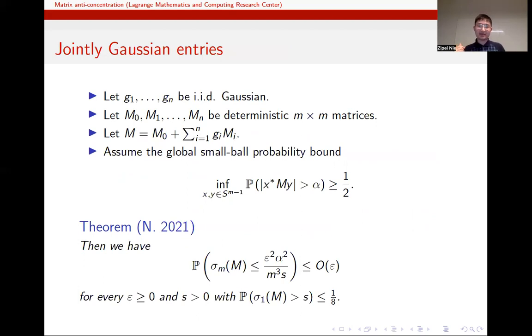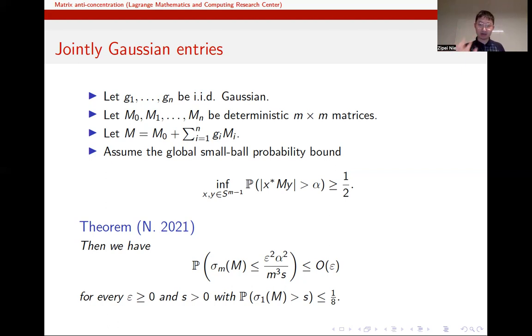Our first result is the Gaussian case. Suppose that the gi's are iid Gaussian and the Mi's are deterministic. In this case, we only need to assume a global small ball probability bound as follows to derive a polynomial lower bound on the least singular value.